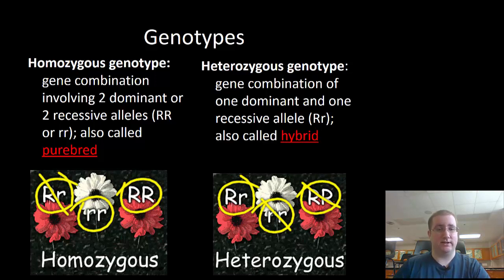So they are interchangeable, and of course I will interchange them to try to confuse you. So homozygous means purebred, means you have two copies of that allele. Hetero means different. So heterozygous means you are a hybrid, which means you have one copy of the dominant and one copy of the recessive. So it can be homozygous dominant, homozygous recessive, or heterozygous for your genotypes.